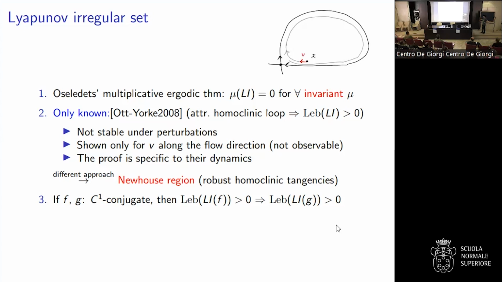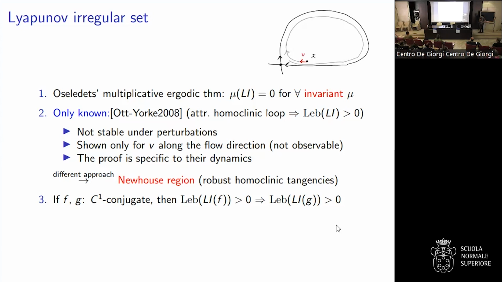There is another issue: in their method, we can consider only the vector v along the flow direction. And this special direction is, of course, not observable in the sense of the tangent space. Their proof is specific to their dynamics.